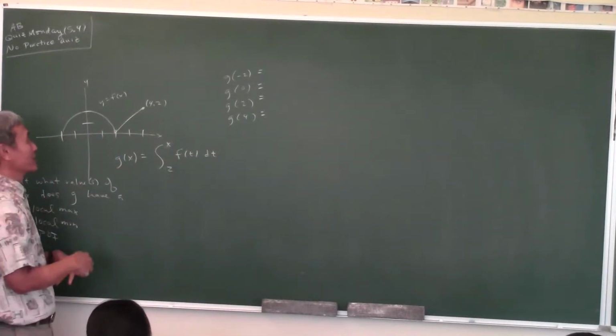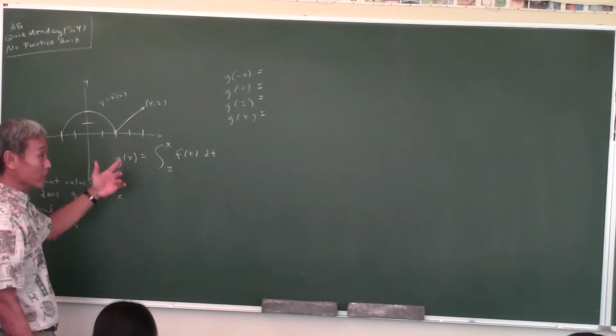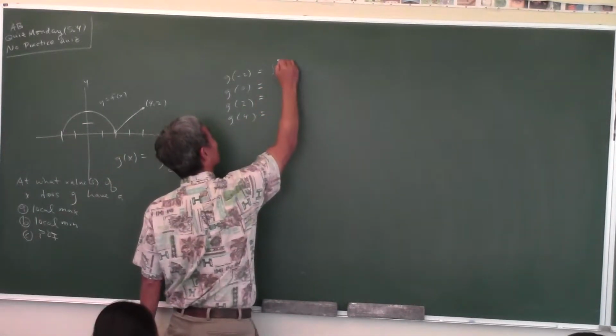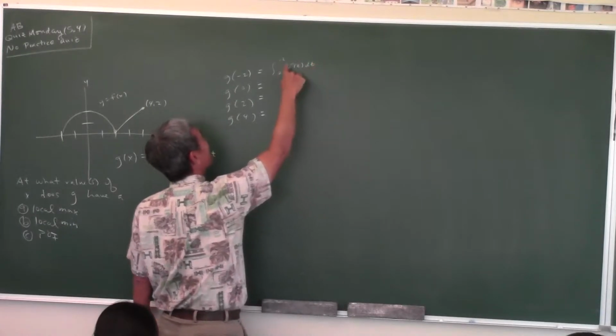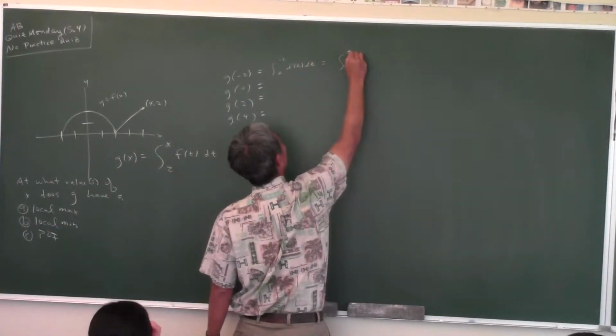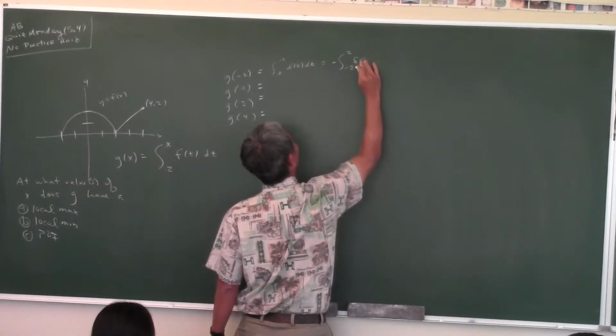If this is the g function, how do you compute g of -2? You plug in -2 for x, so you get the integral from 2 to -2 of f of t dt. Yeah, but Mr. Park, the smaller numbers stay on the top. Well, switch it. If I switch the limits like this, what's gonna happen? Yeah, you gotta negate the value.